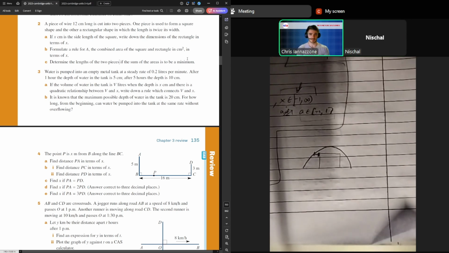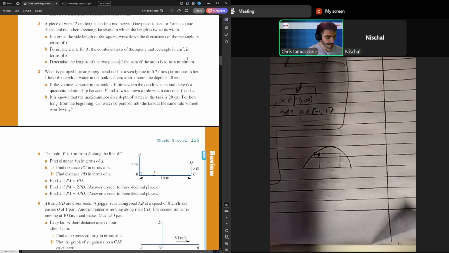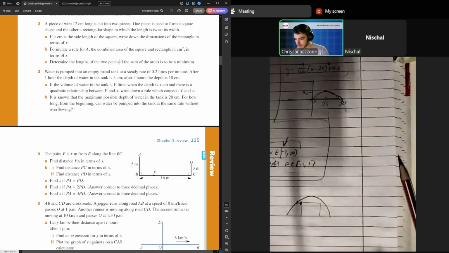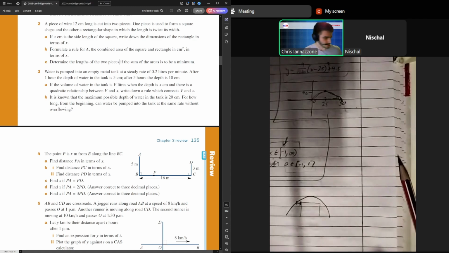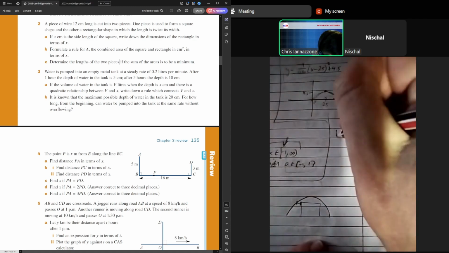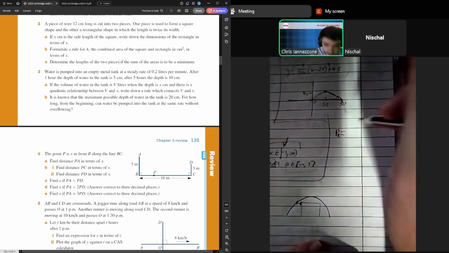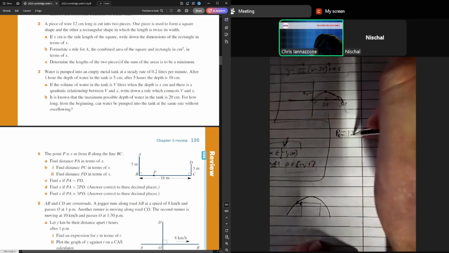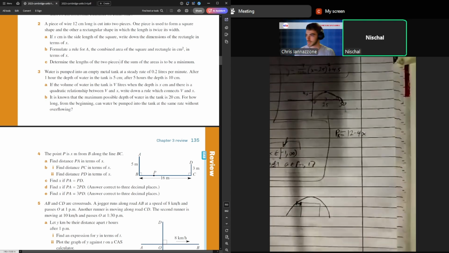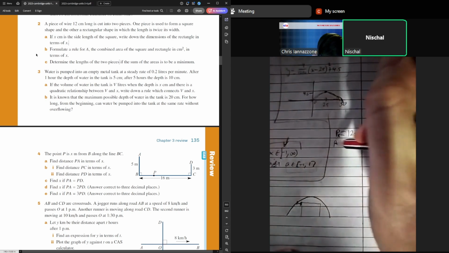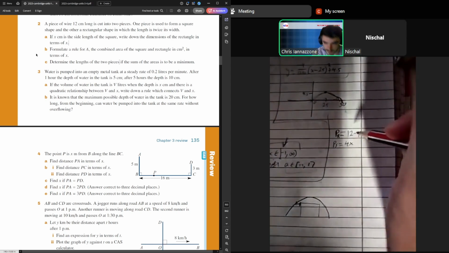Yeah, on that second variable, you do just get to choose whatever you want to call it. But as far as where we are, what you've currently got is your perimeter equation. So perimeter of rectangle, we can call it PR, would be 12 minus 4x. Then perimeter of square was just 4x.